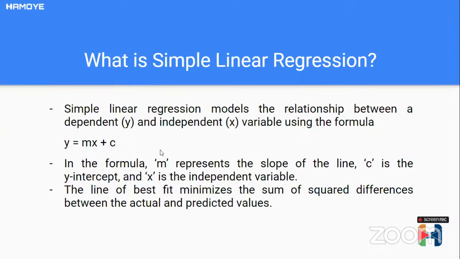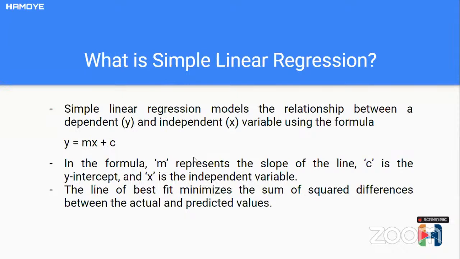So what a linear regression model does is that when you give it trend data, it tries to establish a line, a line of best fit, right? That will minimize the error, that's the difference between the actual and predicted value.